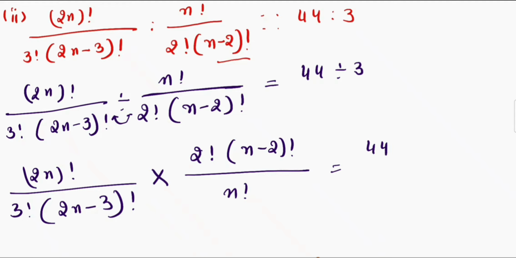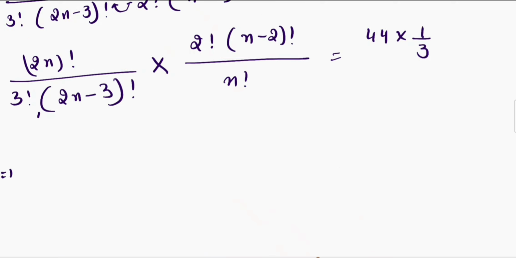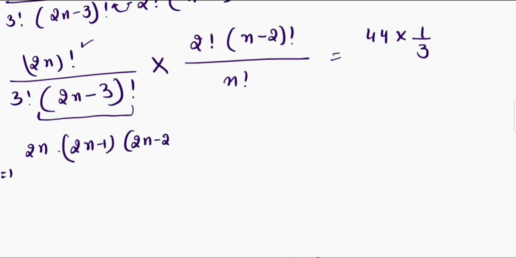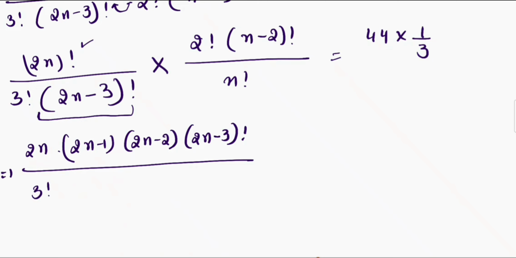Here I can write this as 44 by 3. The smallest factorial value is (2n minus 3) factorial. So we can write this 2n factorial as 2n times (2n minus 1) times (2n minus 2) times (2n minus 3) factorial, divided by 3 factorial times (2n minus 3) factorial, multiplied by, here we can see that (n minus 2) factorial is smaller than n factorial.